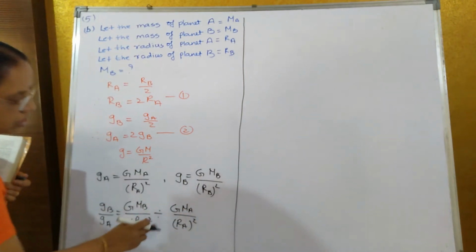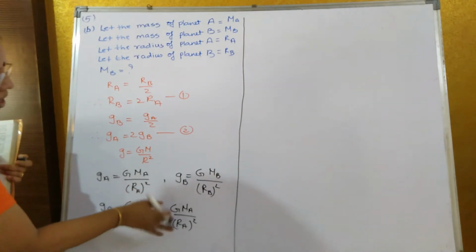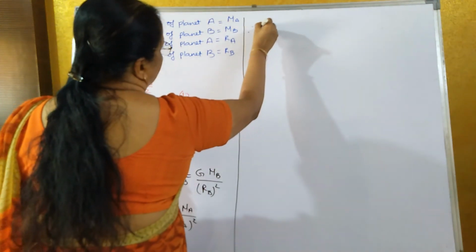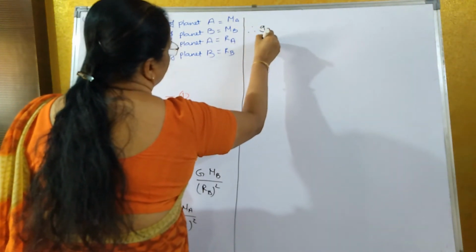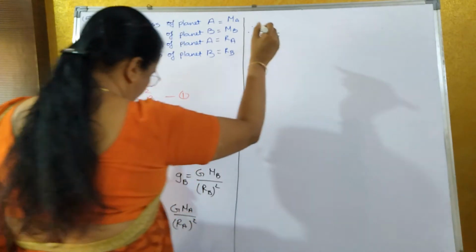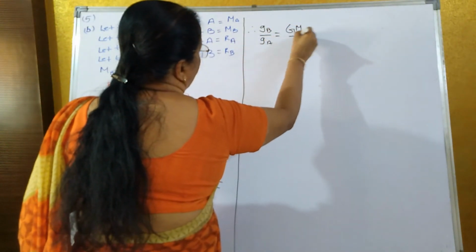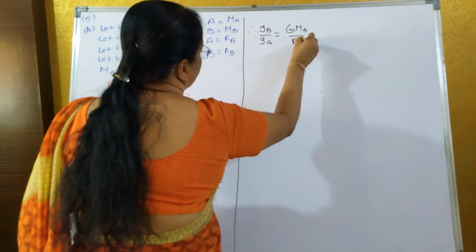Now when you change this division into multiplication, you will have to take inverse of this. Therefore GB upon GA is equal to GMB upon RB the whole square.